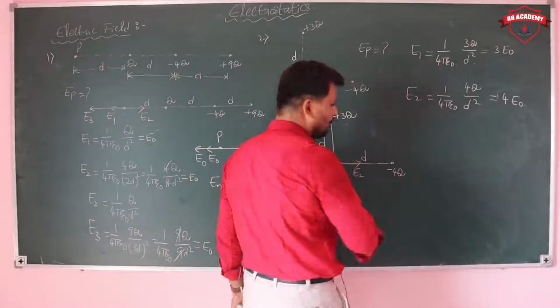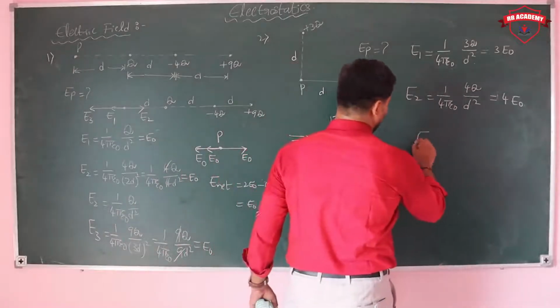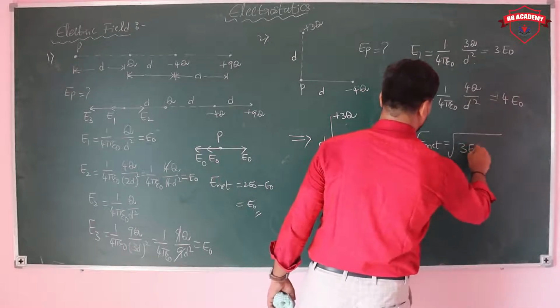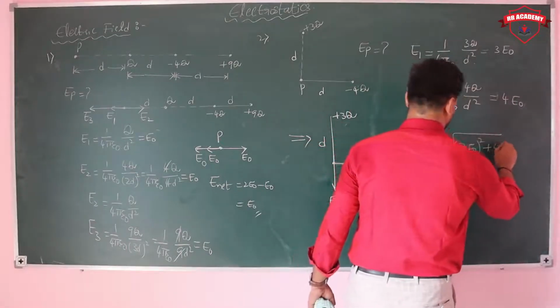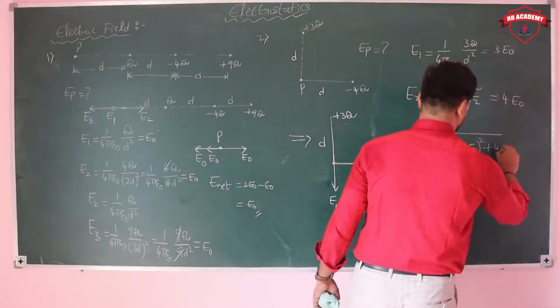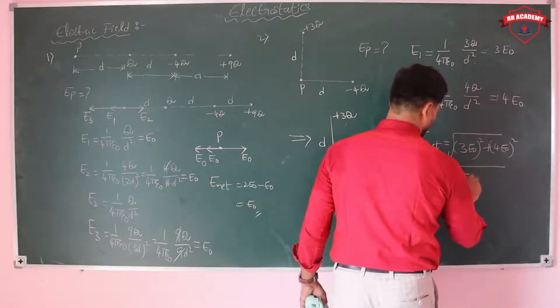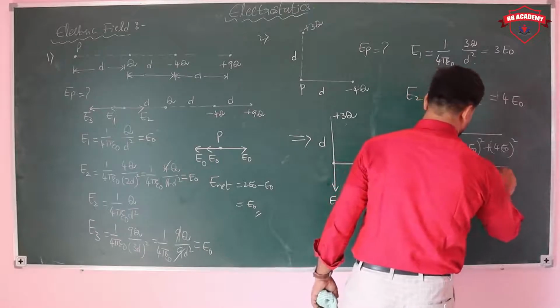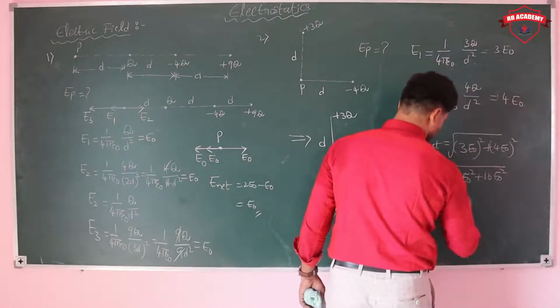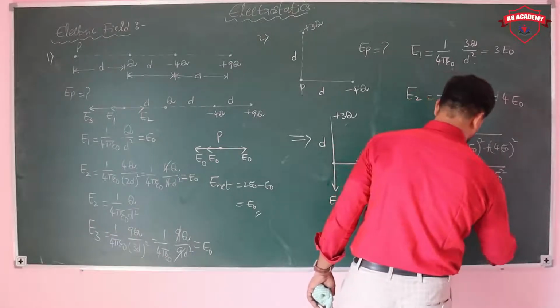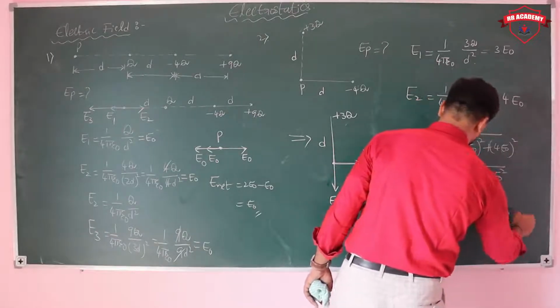Now these two are perpendicular to each other. Then the net or the resultant is equal to under root of 3 E naught square plus 4 E naught square. That is 9 E naught square plus 16 E naught square, that is 25 E naught square. That is equal to 5 E naught.